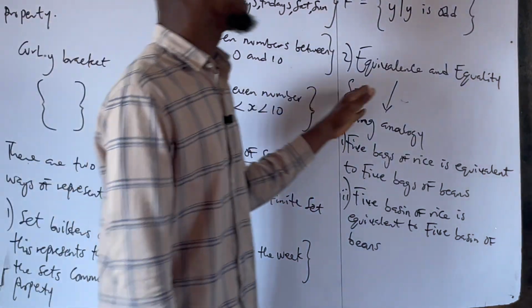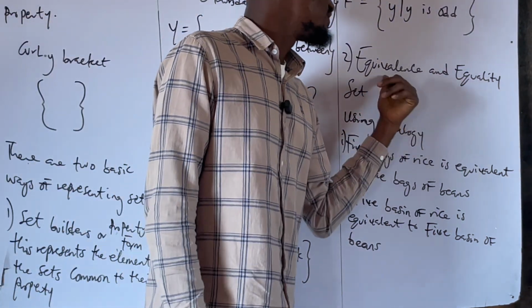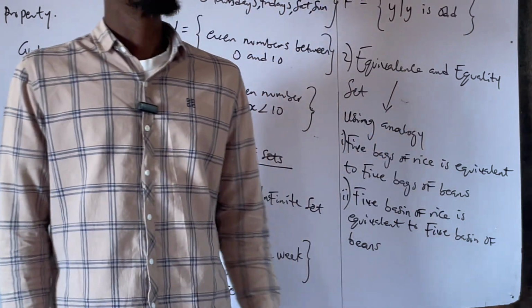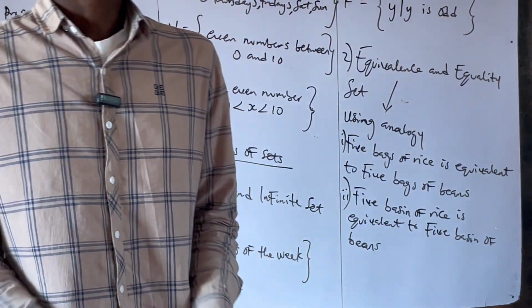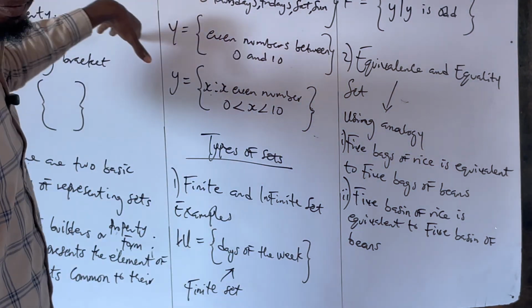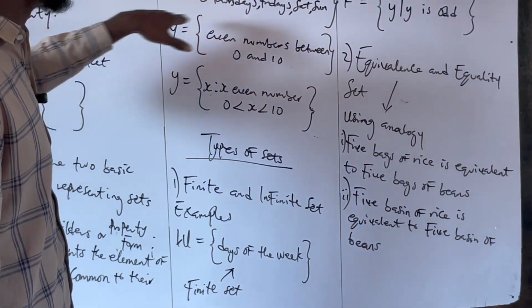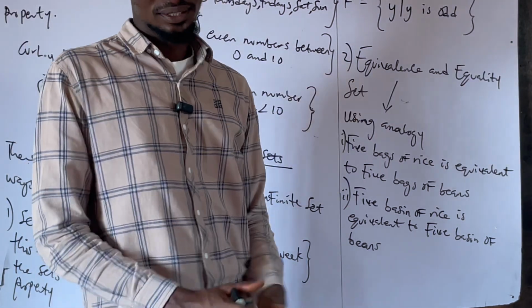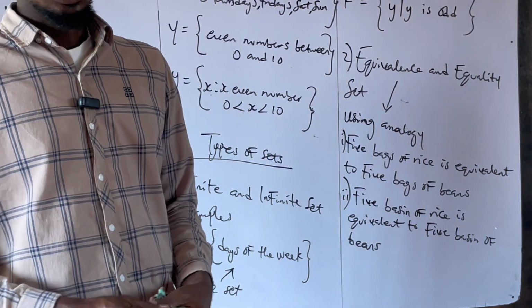Some mistake equality sets for equivalence sets, while others mistake equivalent sets for equality sets. So I want you to understand equivalent sets and equality sets. So I'm going to clean this board. I'll clean here and clean there. Now I'll take it one after the other. Did you understand?